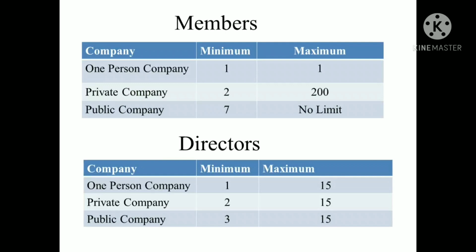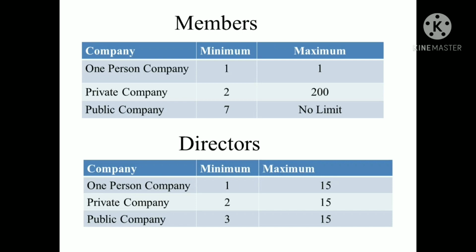You can see here the chart is before you. In this chart, we are going to discuss minimum and maximum number of members as well as directors in different companies. Now, in one person company, इन वन पर्सन कंपनी में मिनिमम मेंबर्स कितने होने चाहिए, दैट इज 1 एंड मैक्सिमम आल्सो 1, बिकॉज इन वन पर्सन कंपनी, कंपनी का नाम ही क्या है, वन पर्सन कंपनी.